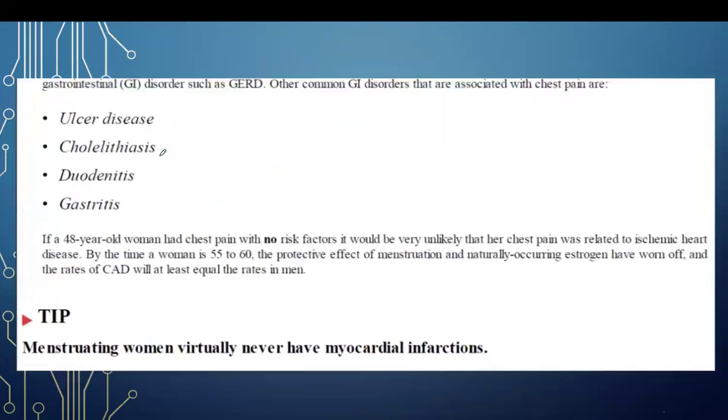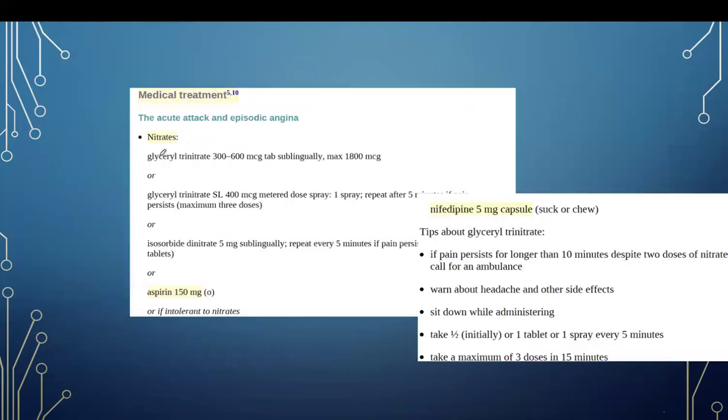Now, we would like to discuss a little bit about the management of stable angina. Because there is not a huge blockage, the treatment for stable angina is preventative treatment. Preventative treatment will include a healthy lifestyle: lose some body weight, make sure there is a good exercise pattern, eat a healthy, balanced diet, avoid smoking, reduce drinking.